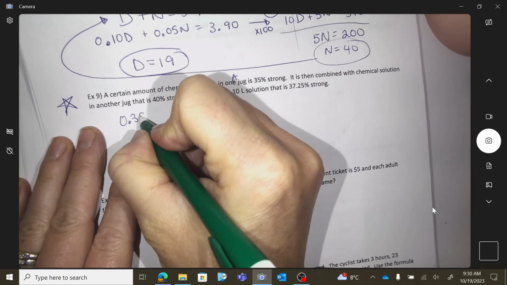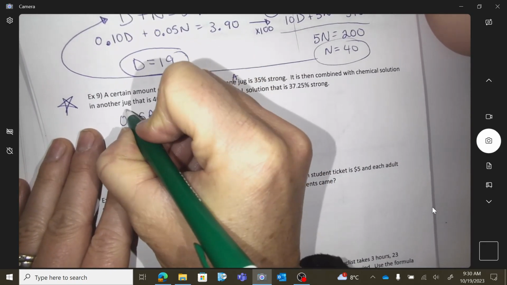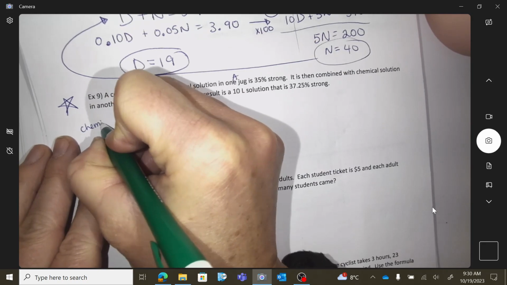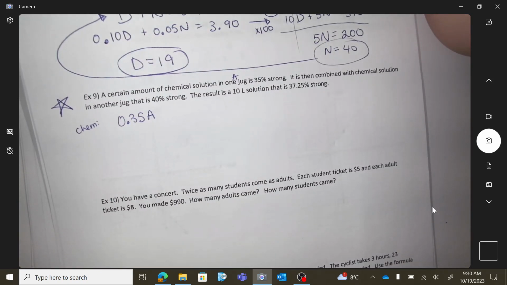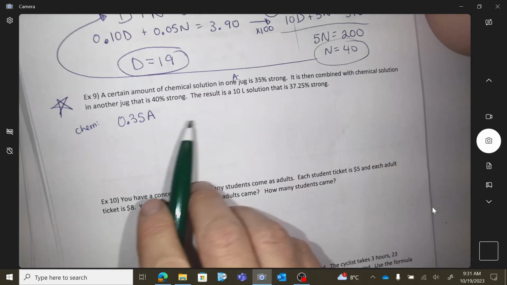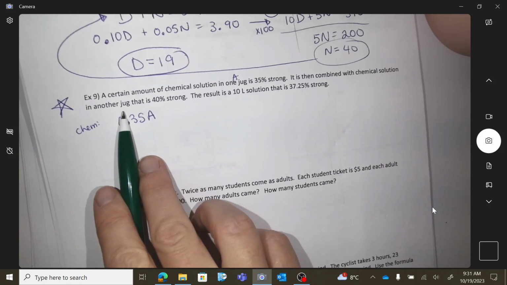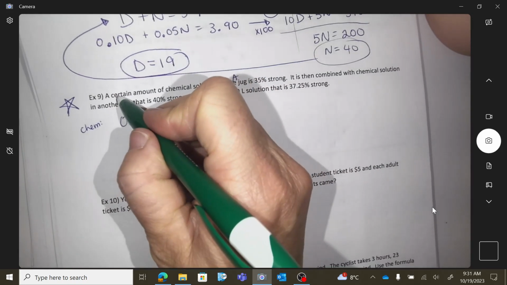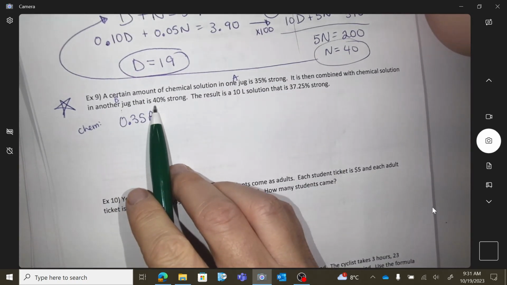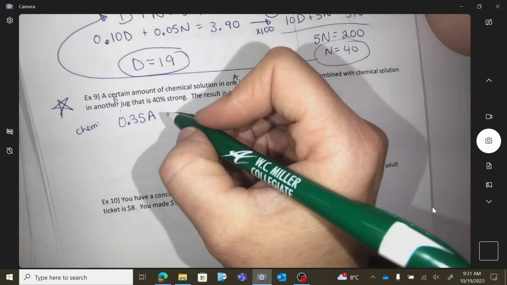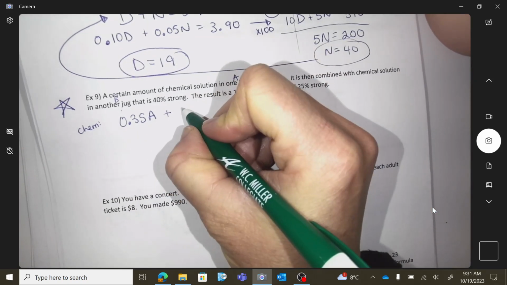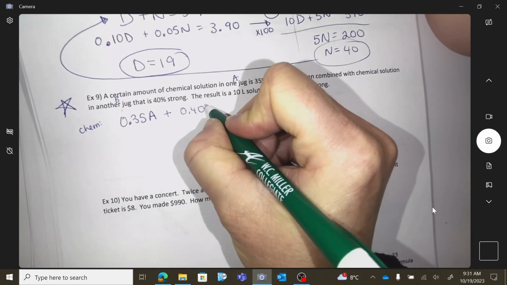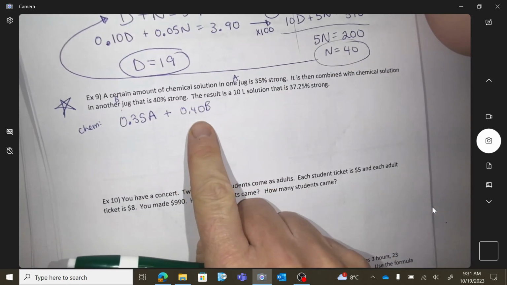So 35% of A is chemical. So this is how much chemical is in A. And then it's combined with another jug, so I'm going to use a B for the other jug. And in that jug, it's 40% strong. So added, the chemical in that one is 40% of B.